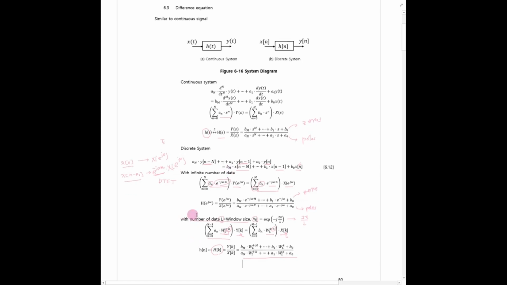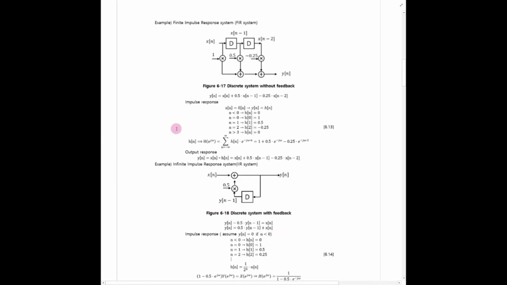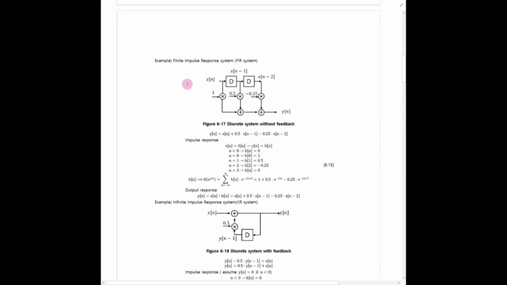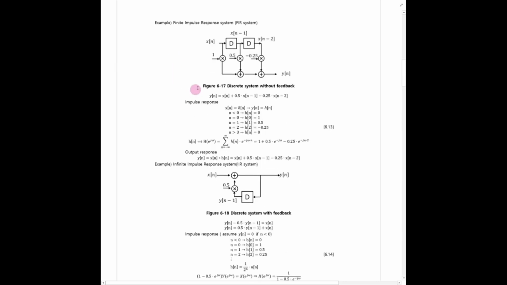In the discrete system, the system can be described by the difference equation, and by taking the DTFT we can figure out the transfer function. Here are two discrete system examples. One is the finite impulse response system, called the FIR system. The other is the infinite impulse response system, the IIR system.